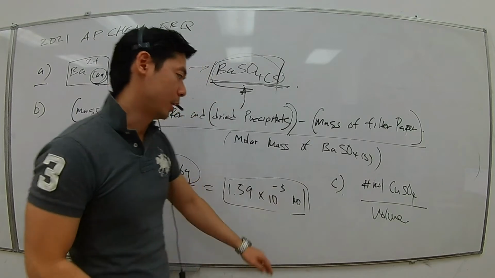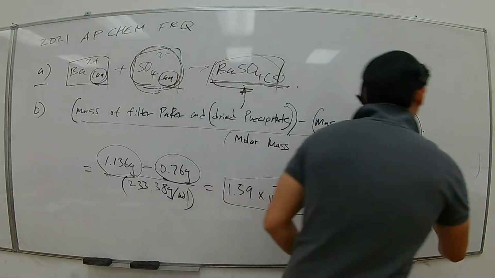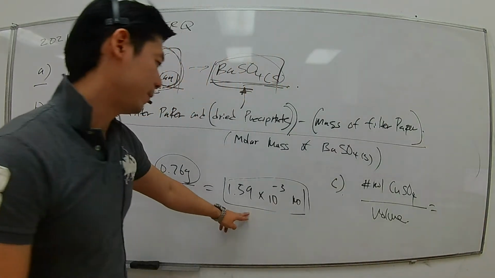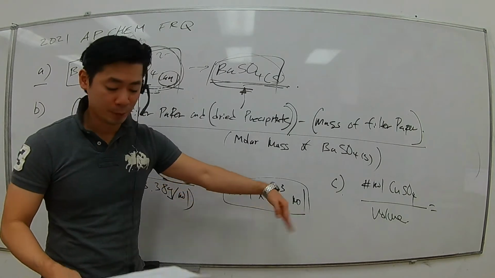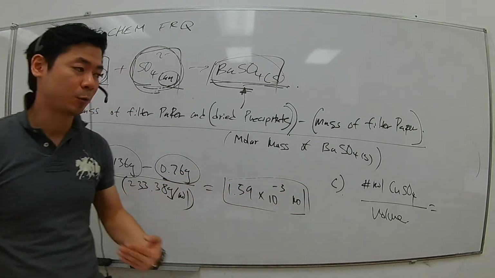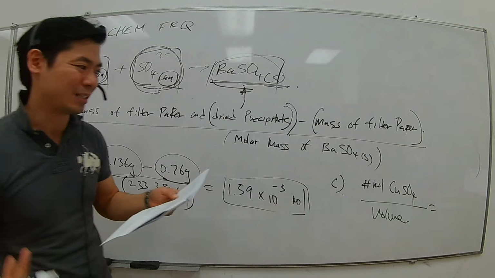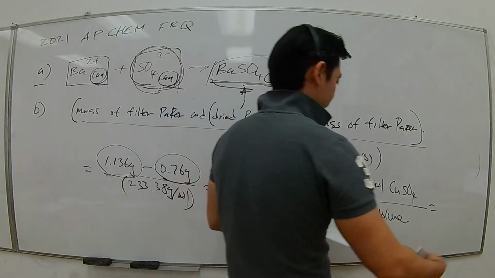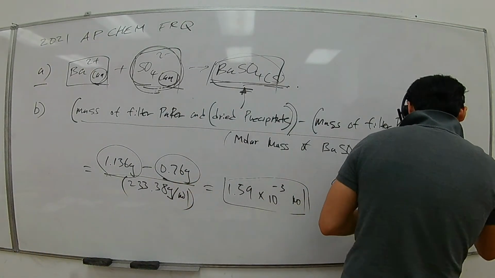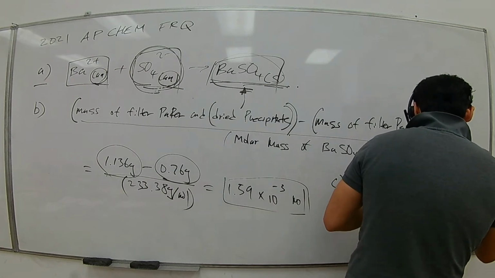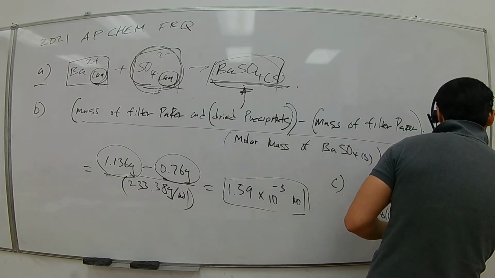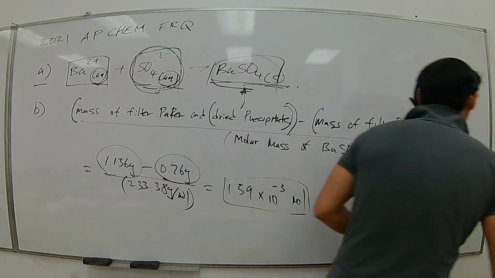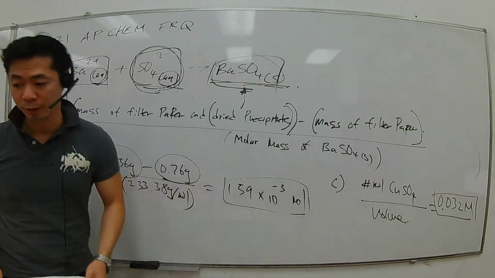So putting 1.59 times 10 to the -3 divided by the volume, which is given as 0.05 liter because they put 50 milliliters, the answer that I got is around 0.032 molar concentration of copper sulfate solution initially.